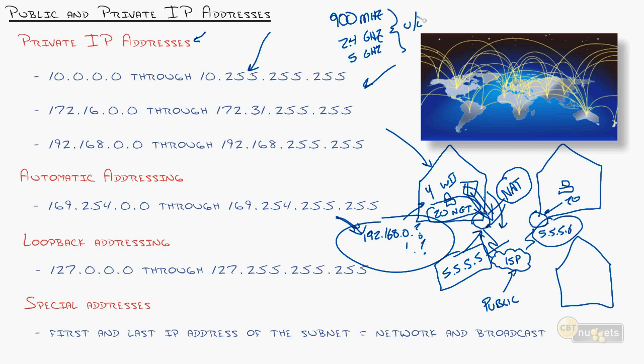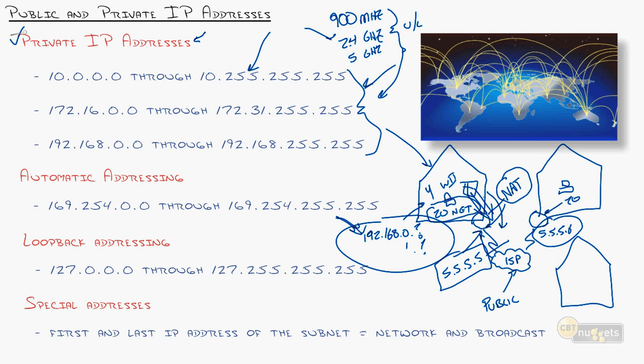They put some restrictions on the power you can use and all that. But otherwise, anytime we bought a cordless phone or a new wireless network widget for our house, we didn't have to go register that with the FCC. Think of these as your unregistered, unmanaged IP addresses that you can use wherever you want inside of your organization. You don't have to register or pay for them at all. They're free for all. So that's awesome because it lets us set up our networks for free, well, besides all the Cisco gear we have to buy, but we don't have to think about buying IP addresses for our network.